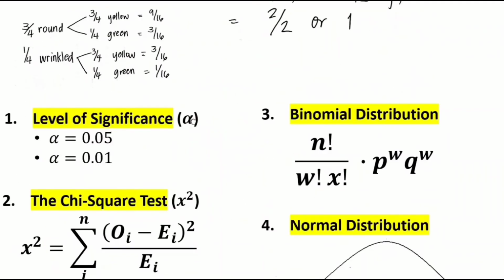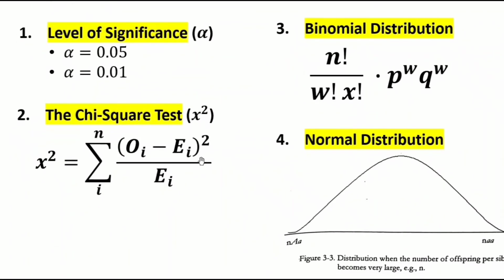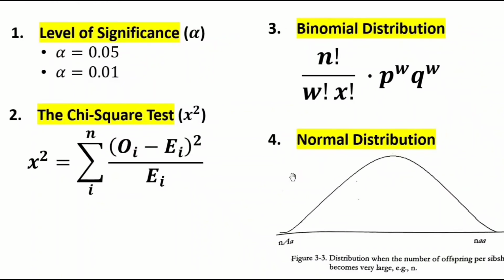And then under this topic, we have 4: level of significance, chi-square test, binomial distribution, and normal distribution. So, gusto ko lang ipakita sa inyo yung different methods in order to determine ratios if they are consistent with the Mendelian ratios or not.